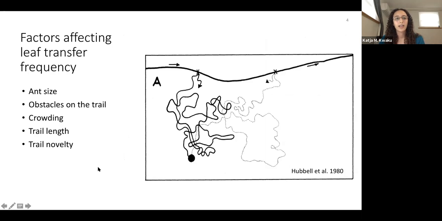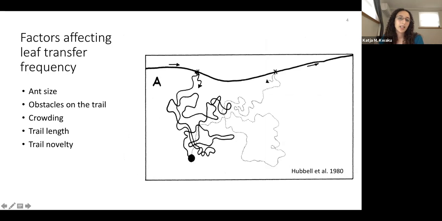Another important factor affecting leaf transfer frequency is trail novelty. So in this diagram here, the black line at the top represents the main trail, which is well established and there are lots of ants going along it. And then the authors here, Hubble et al., put in some new leaves right where this black dot is.